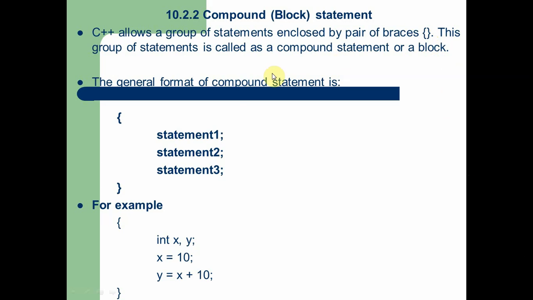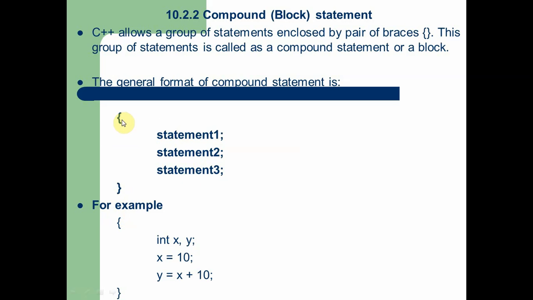The general format for a compound statement is: we open the brace symbol and give the statements one by one. When a block is created, at the end of that particular block we close the brace.